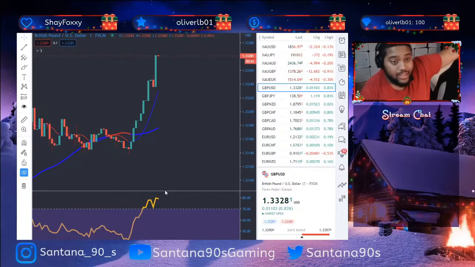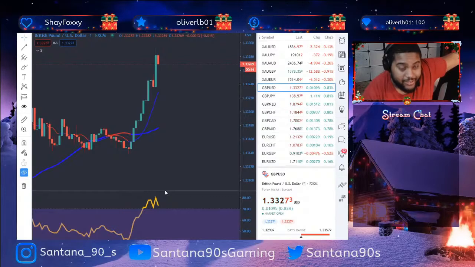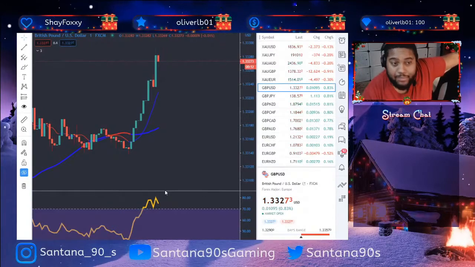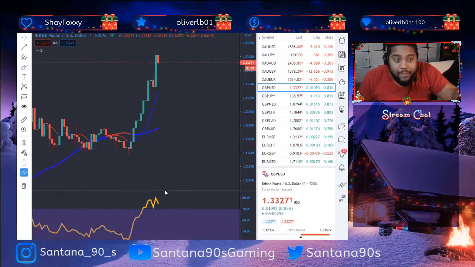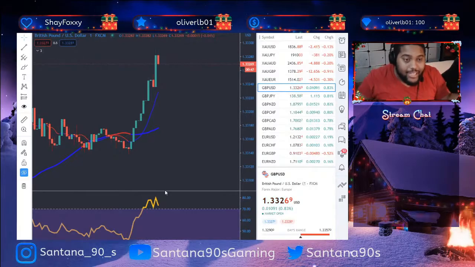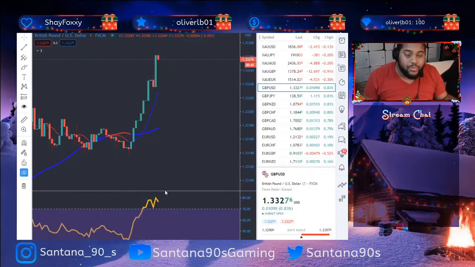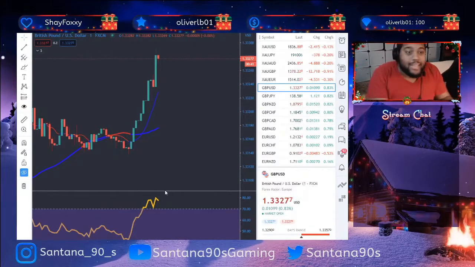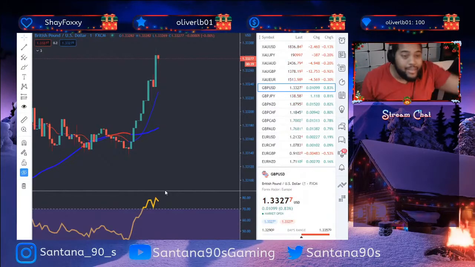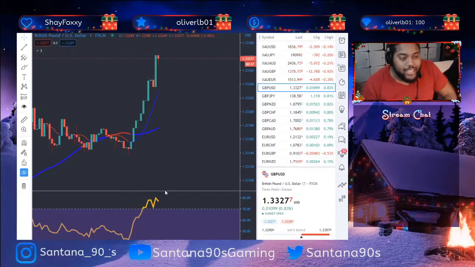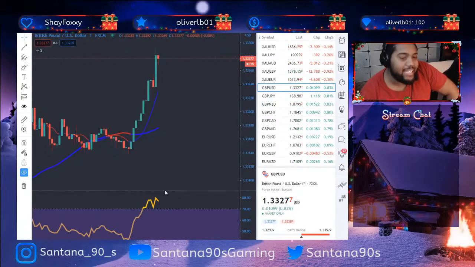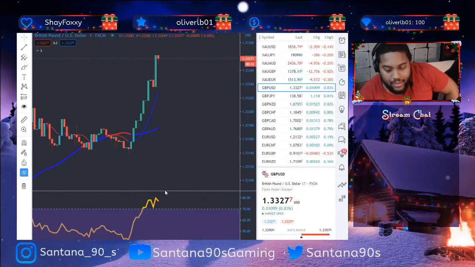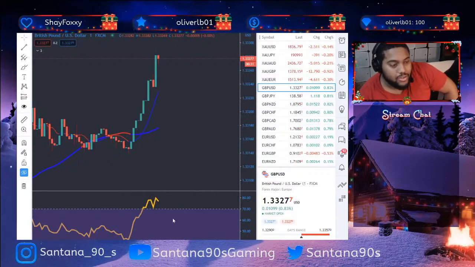One person could have made $1, right? $1 on that 10 pips they got. Another person could have made $10 on that 10 pips that it moved. Another person could have made $100. Another person could have made $1,000. Another person could have made $100,000. Because it all depends on the lot size they got into. Lot size is basically how much you're risking.